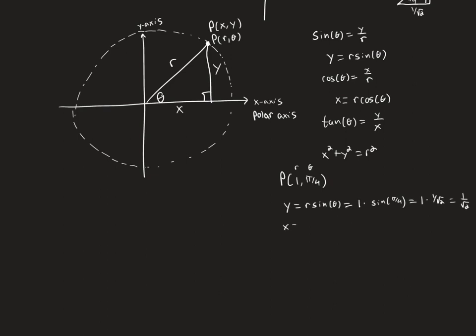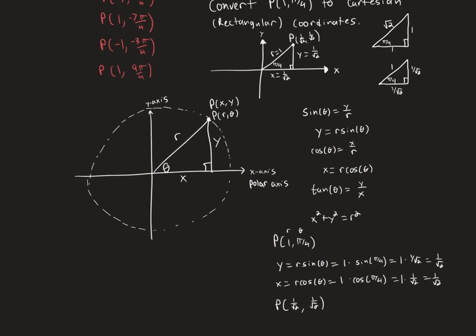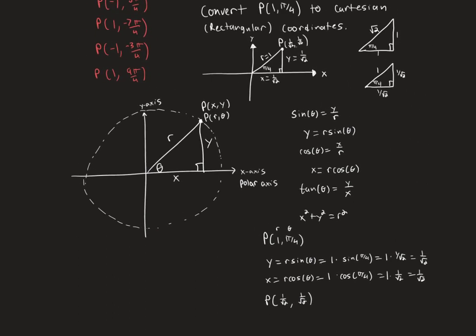And similarly, our x is r cosine theta, which is 1 times cosine of pi over 4, which is 1 times 1 over root 2, which is just 1 over root 2. So we also could have found the corresponding Cartesian coordinates by using these relationships. We found them before by knowing this triangle, but we can also use these equations.